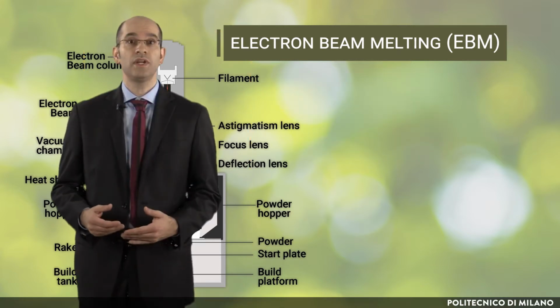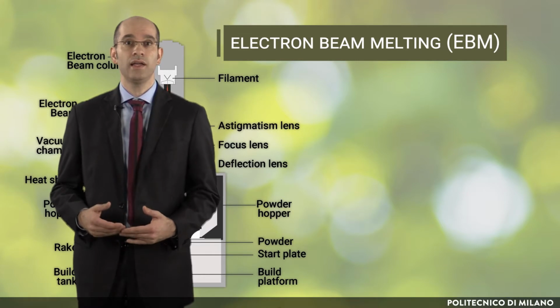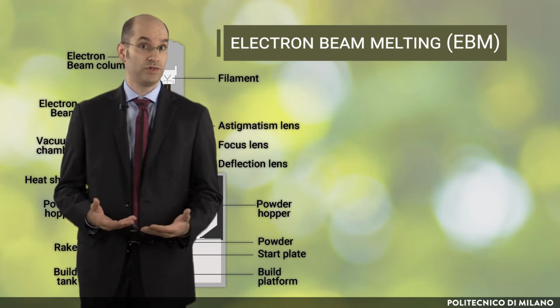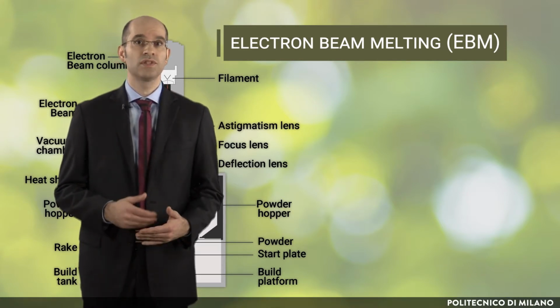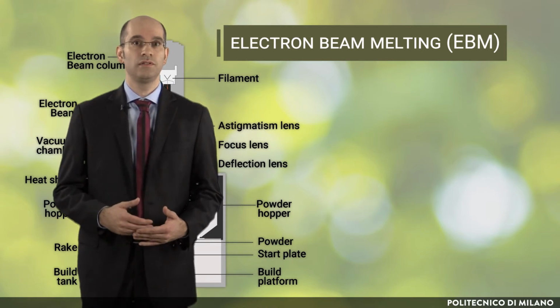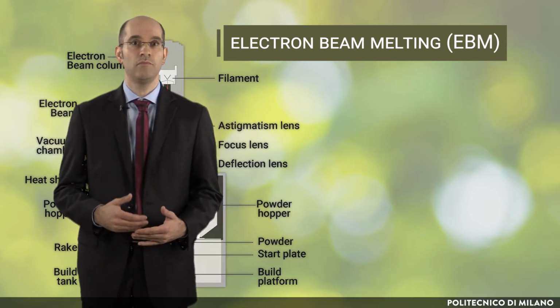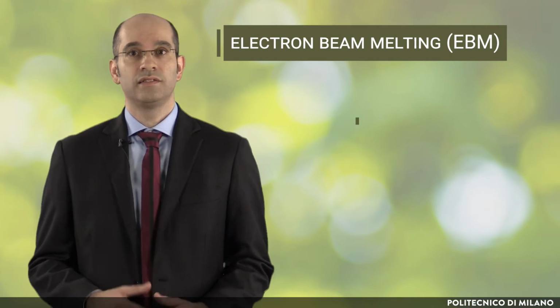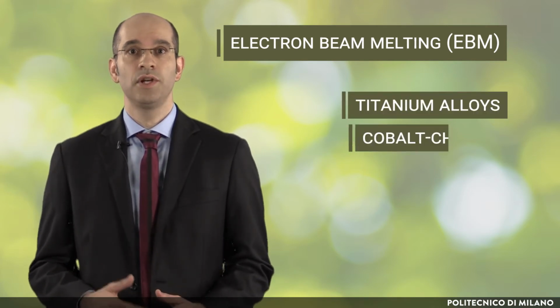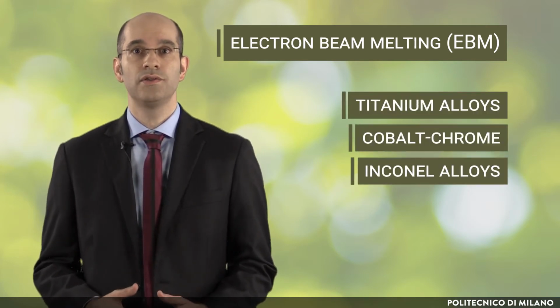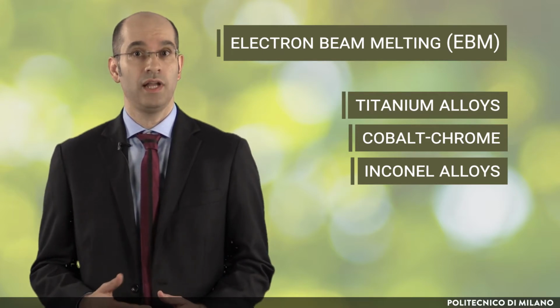The electron beam heats the powder bed to a high and optimal process temperature that gives low residual stresses, no need for heat treatments, and a fine microstructure. Different titanium alloys as well as cobalt chrome and Inconel alloys are used primarily in the EBM technique.